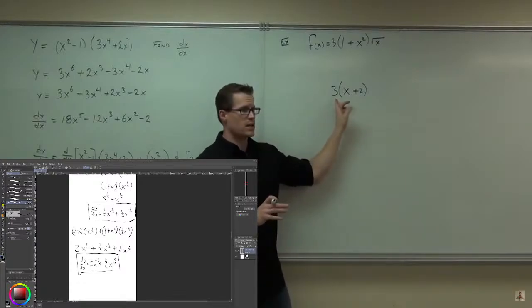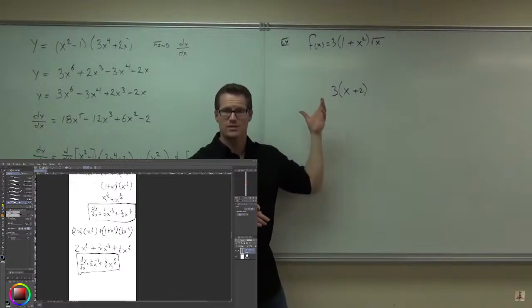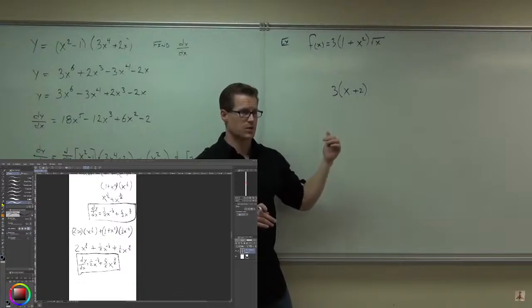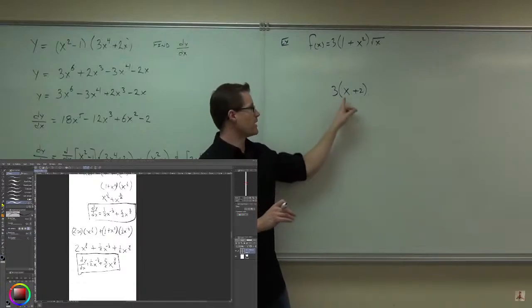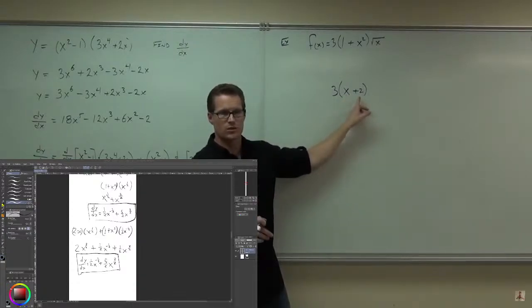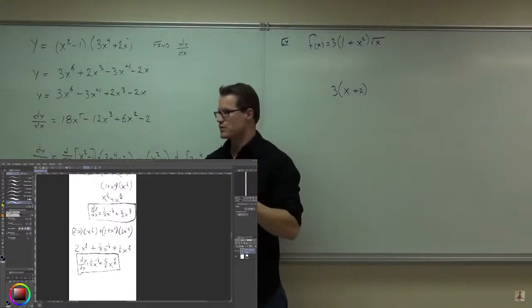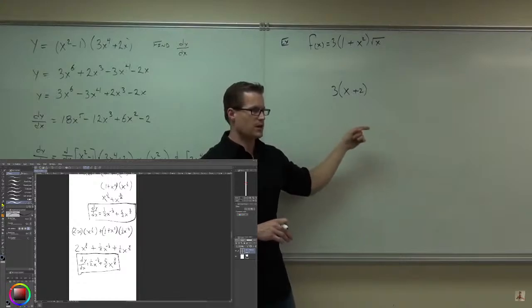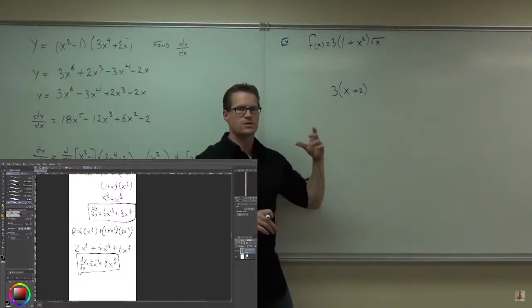So this, do you need a product rule for that? No. That's just a constant. You could actually pull that outside of your whole derivative. The derivative of this thing is going to be 1 times 3. Derivative of x is 1, derivative of 2 is 0, 1 times 3 would be 3. That would be the derivative, right? Even if you distributed the 3, that'd be fine. So we're not talking about products of constants times things.